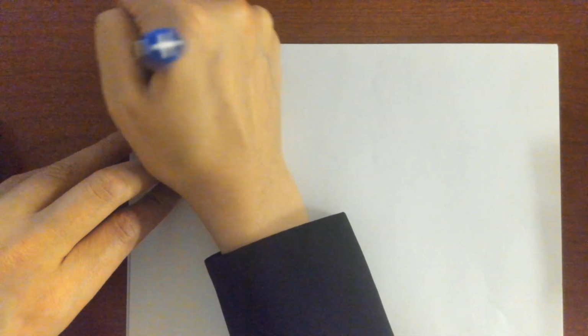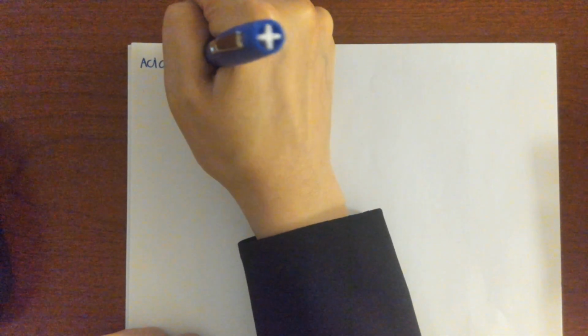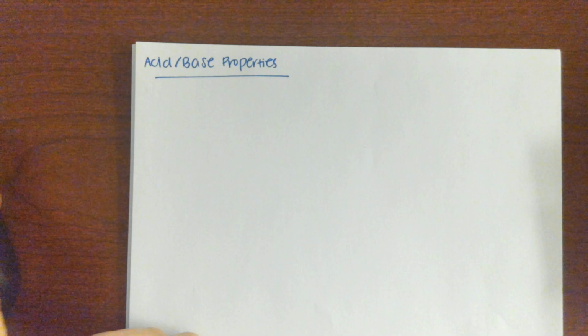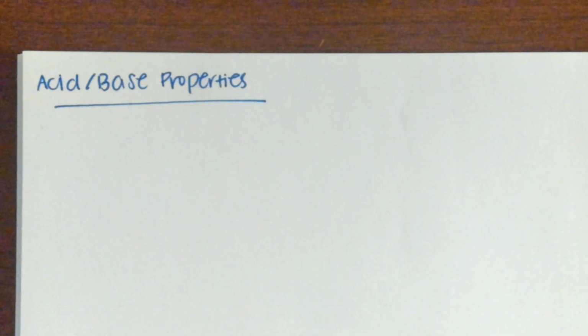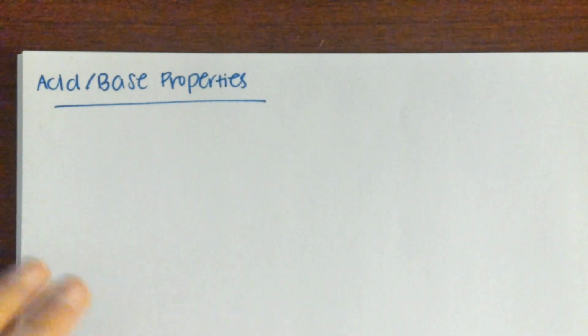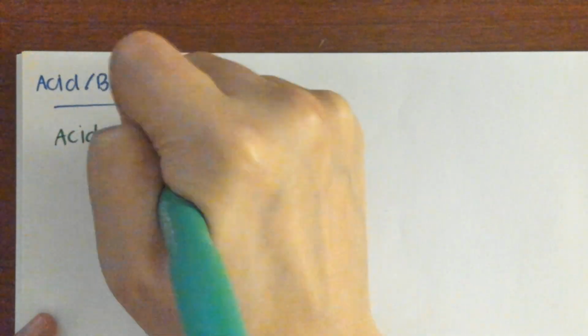Okay, so the first thing I want to cover is the acid versus base properties. So like the difference between the two. So what is an acid? How do you know if a compound is an acid? So an acid has an H in front.